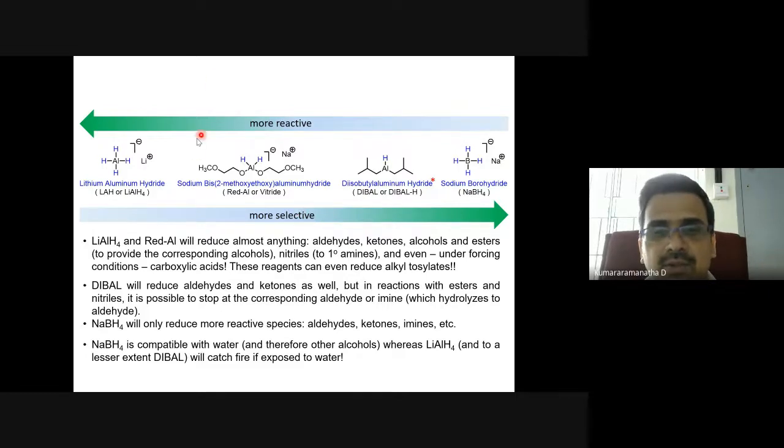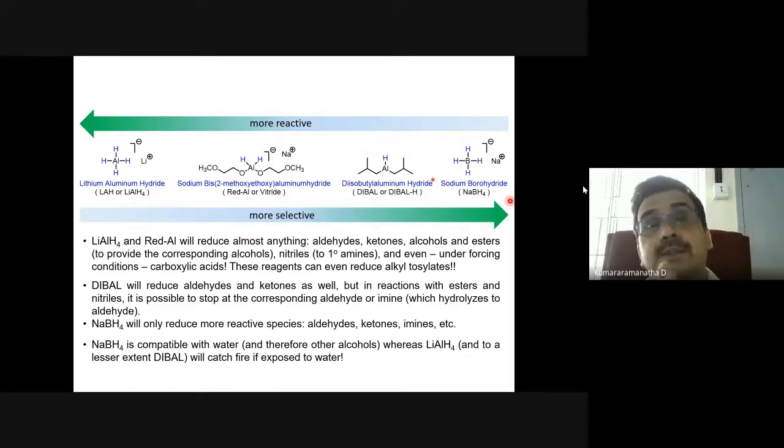Again, you do not have this for your syllabus, but these are some other reducing agents, like diisobutyl aluminum hydride, or red aluminum, or Vitride. These are some standard things which you can also be aware of, but you do not have this for the syllabus. Only these two will be fine.